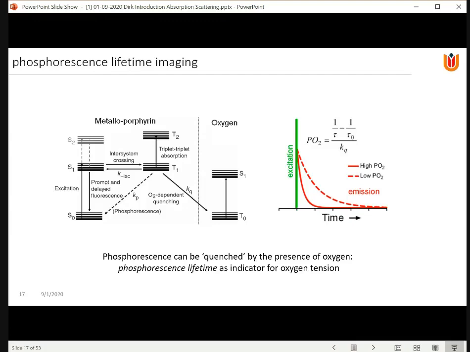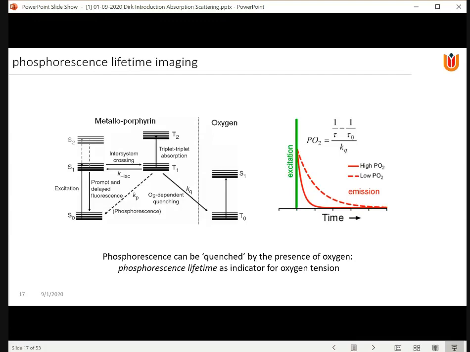But what can also happen, and that is interesting for diagnostics, is that if this molecule, this metalloporphyrin in this case, is in close proximity to oxygen, then it can transfer energy to oxygen. Oxygen is a little bit peculiar because its actual electronic ground state is T0, so it is normally in a triplet state.